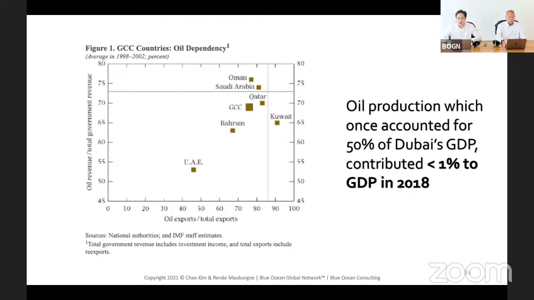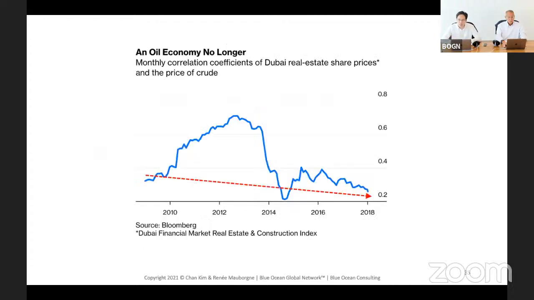And today, or in very recent years, you can see that has changed dramatically. For UAE, oil production's contribution to GDP is now less than 1%, which is the most diversified economy in the Middle East. This chart also emphasizes this point.